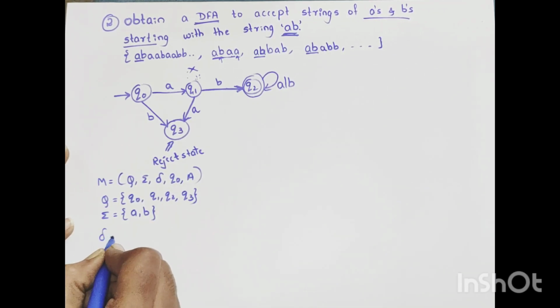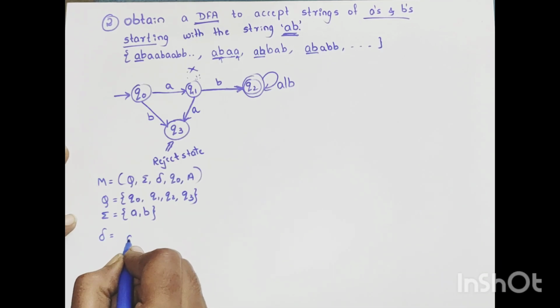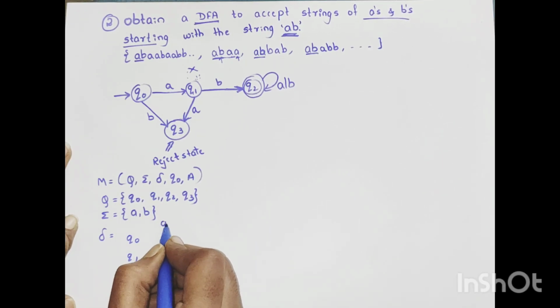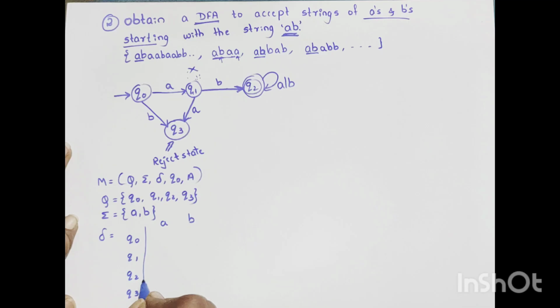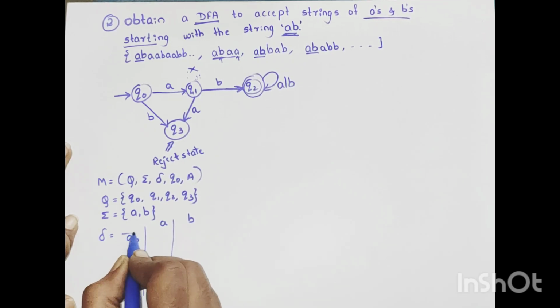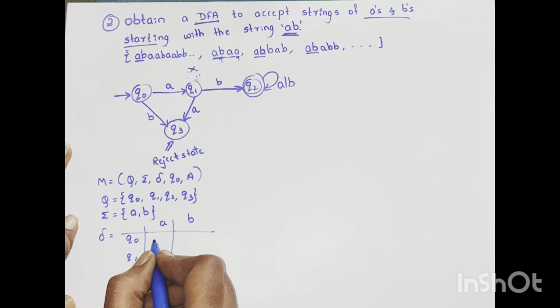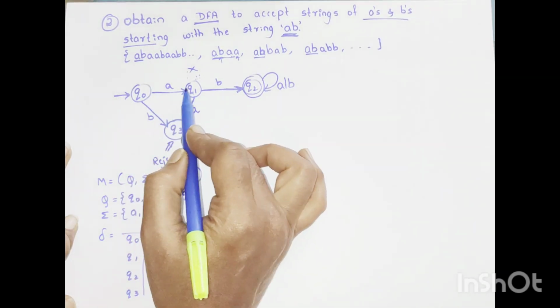Then delta, the transition. I will show Q0, Q1, Q2 and Q3, then for the symbols A's and B's, where it will move. From the state Q0, if it takes A, then it will move to the Q1 state.